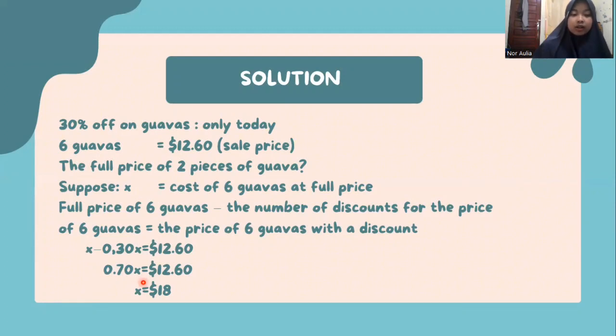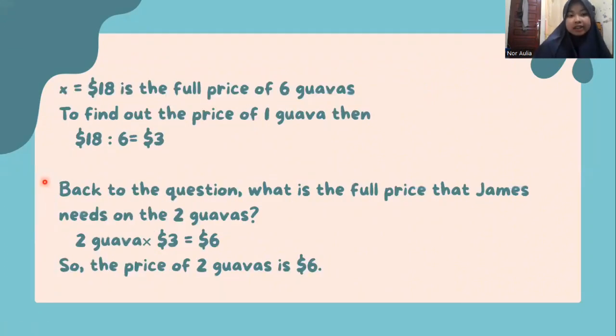0.70x equals $12.60. So x equals $12.60 divided by 0.70, and the value of x is $18. x equals $18 is the full price of 6 guavas.